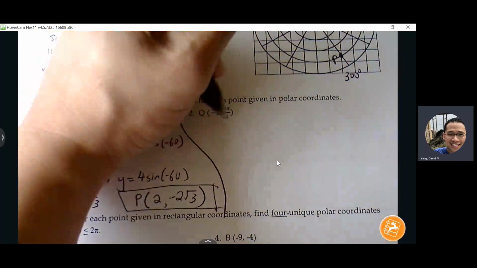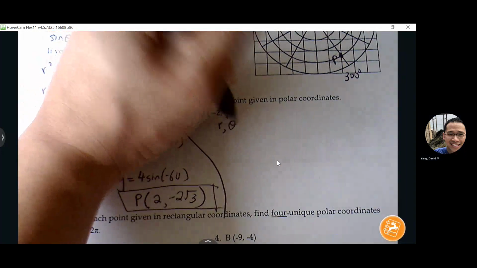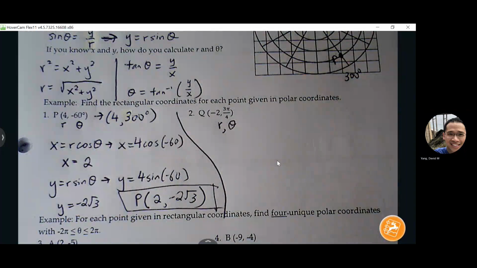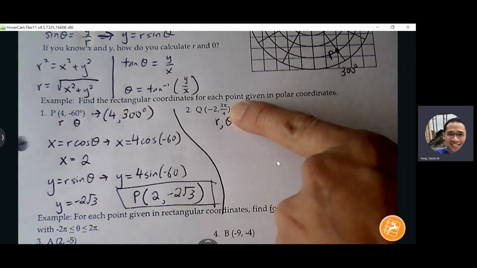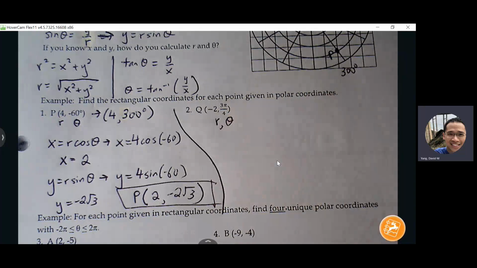Okay, try number 2. We do want to make sure we're in what mode though? Radian mode. Okay, try that.